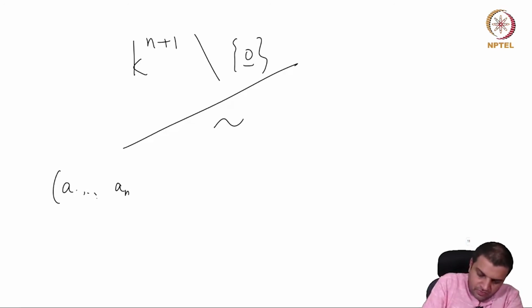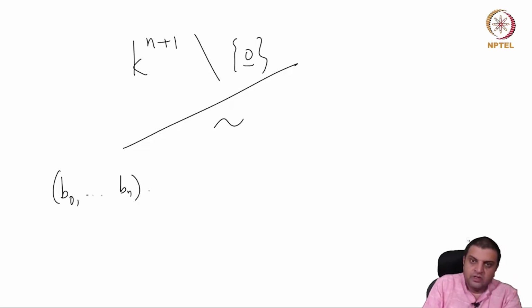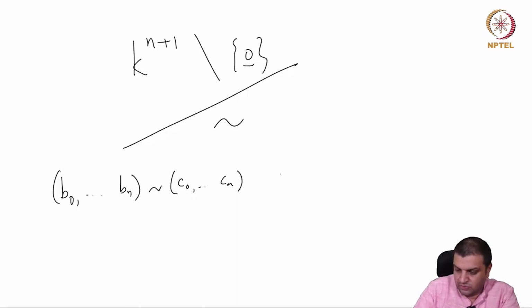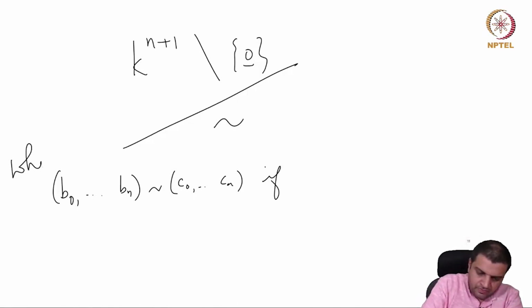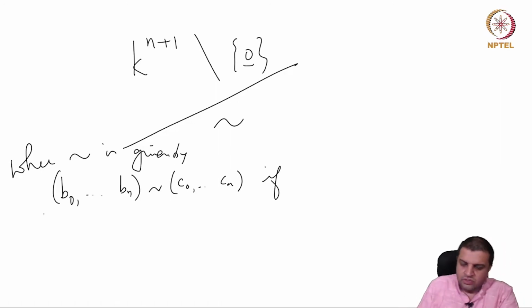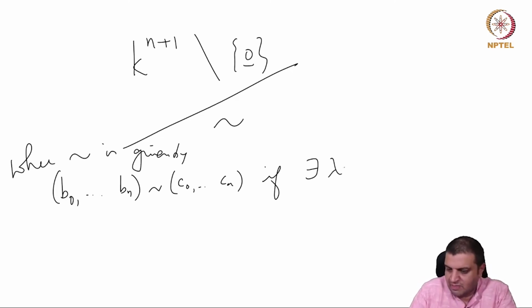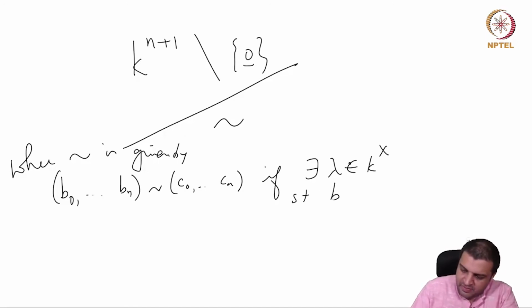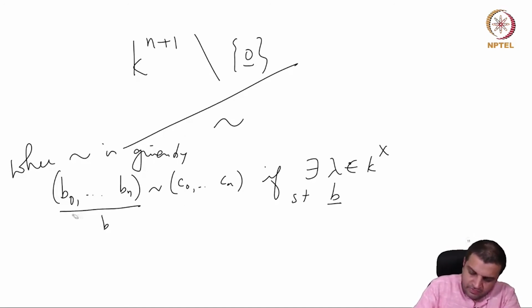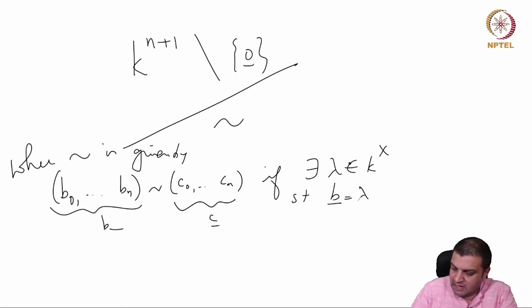Let's call these things B0 through Bn, to not confuse with the previous a's. (B0, ..., Bn) is equivalent to (C0, ..., Cn) if and only if there exists some lambda inside K^×, the non-zero elements of K, such that the vector B is lambda times C.